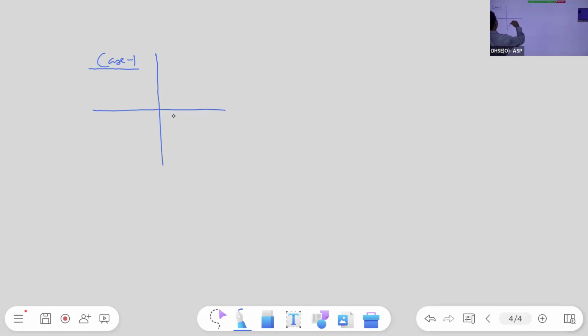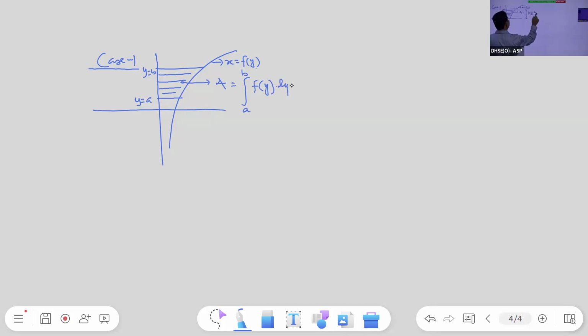The curve lies right to y-axis, x is equal to f of y. So y is equal to A, y is equal to B. So required area is equal to integral A to B f of y dy.